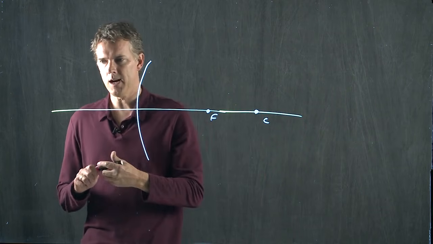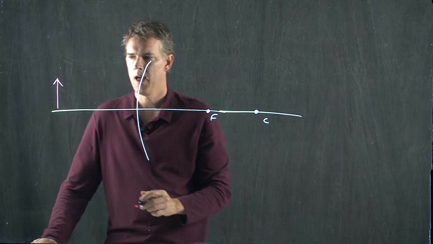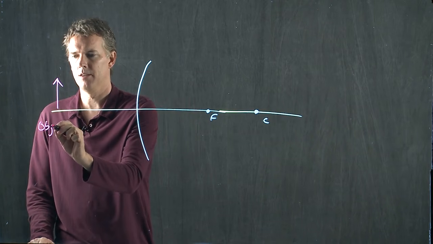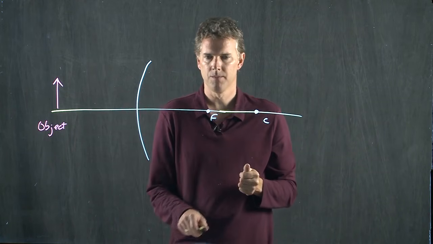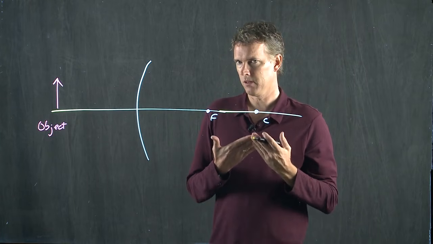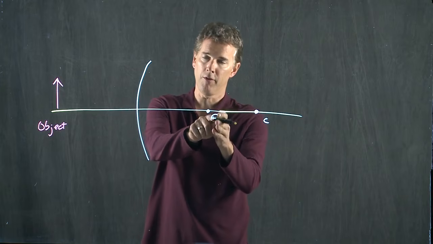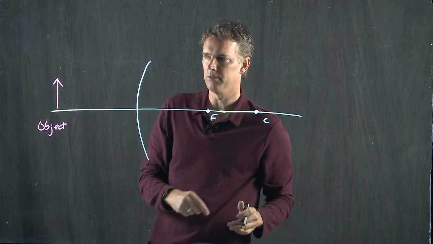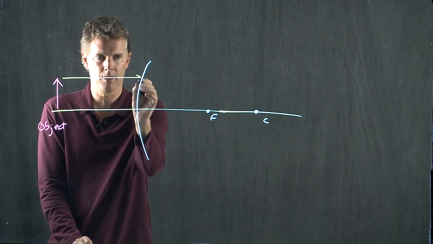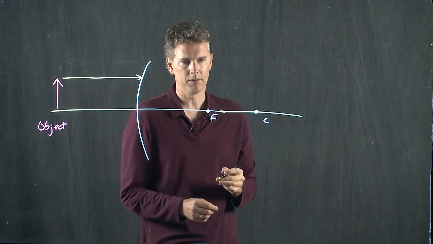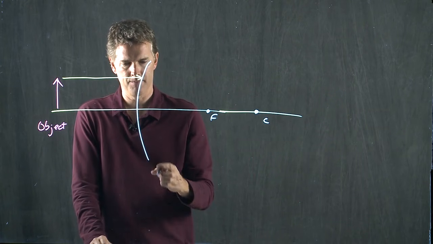So if I put my object right there, how do I find the rays that are going to form the image? We do the same thing that we did before. We follow those 3 rules, except we have to remember that the focus is over here and the center is right there. So this says that rays that are parallel to the optic axis are going to go through the focus. But this thing is a mirror, right?